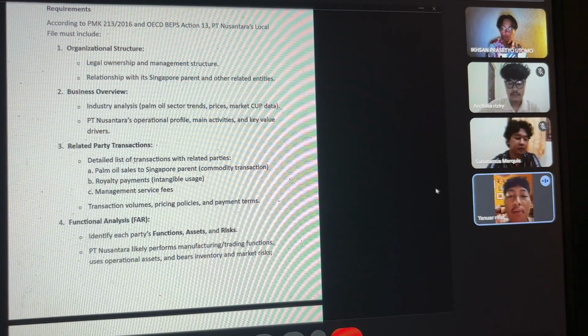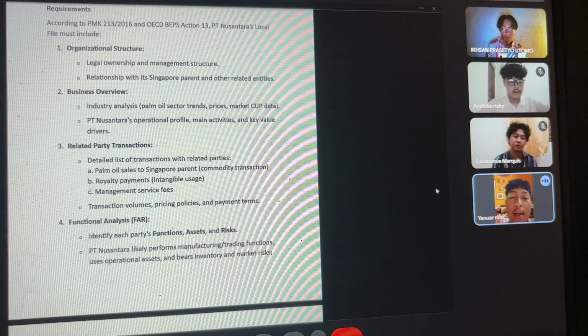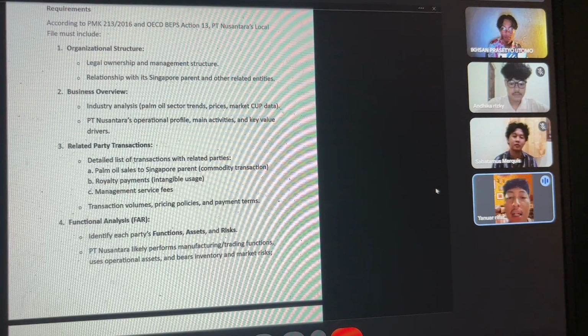Number 2, business overview: industry analysis, palm oil sector trends, price, market cap data, and PT Nusantara's operational profile, main activity and key value drivers. And number 3, related party transactions.